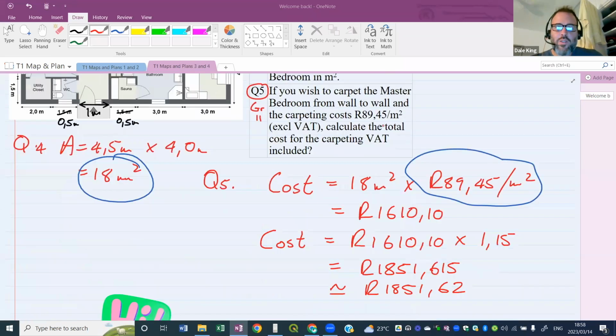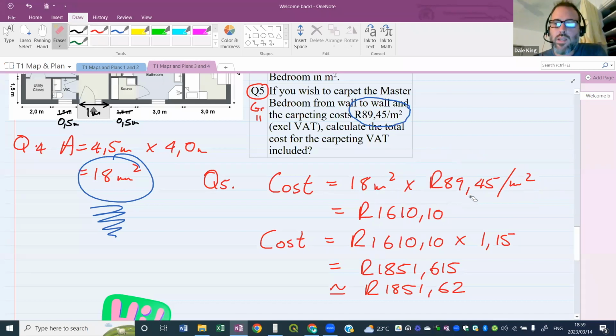All right, let's go over it again. Let's have a look at the question. So this value in the question, this 89.45, is 89.45 per square meter. And we worked out that our area here on the left, there are 18 square meters in this bedroom. So each square meter must be 89.45. So we multiply those two together, as we did here in the top line: 18 meters squared times 89.45, and we get a value of 1610.10.